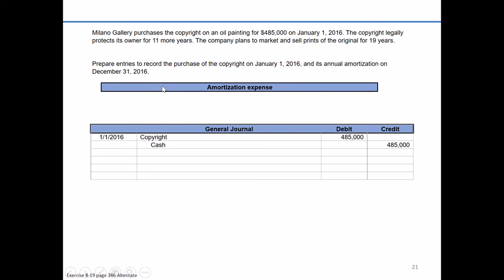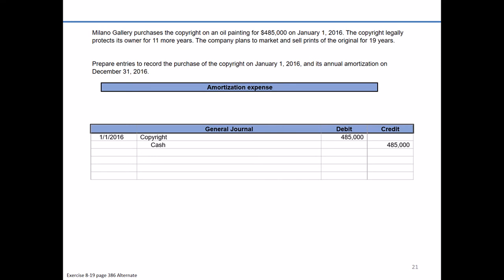Amortization expense is very similar to depreciation expense. We're just trying to find some systematic way of allocating the cost among the periods that it helps benefit. In this situation, it's helping to exclusively market and sell those various prints. So it's a very similar concept. It's just that for intangible assets, we call it amortization expense instead of depreciation expense.